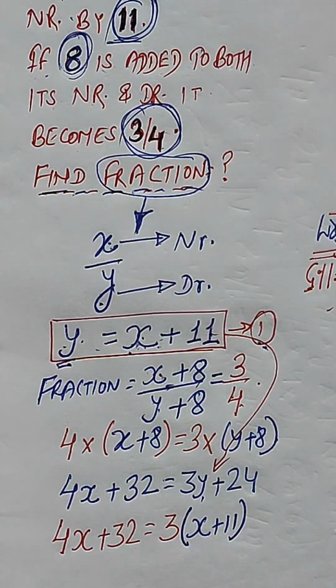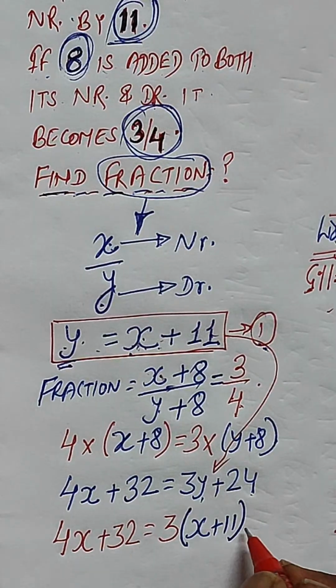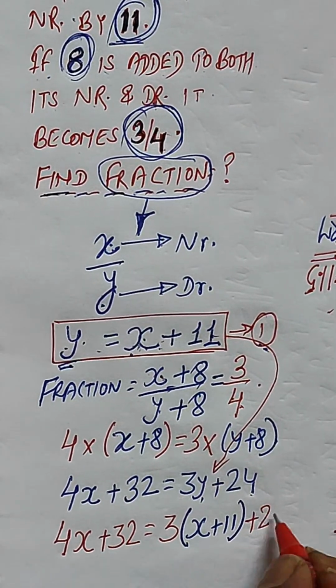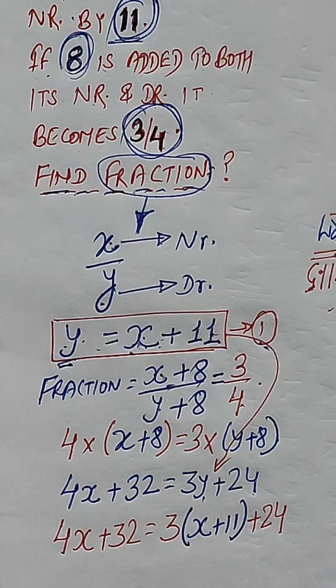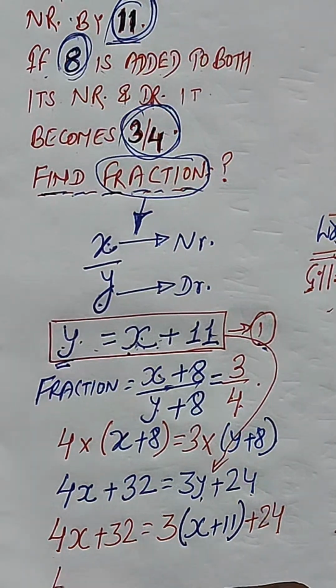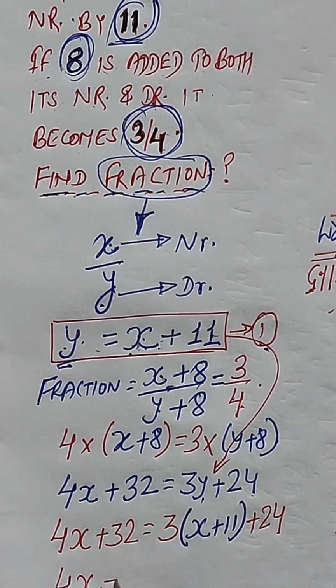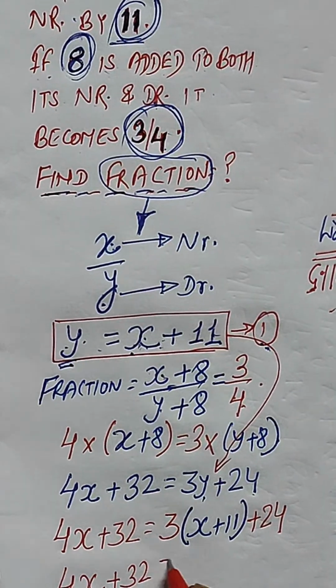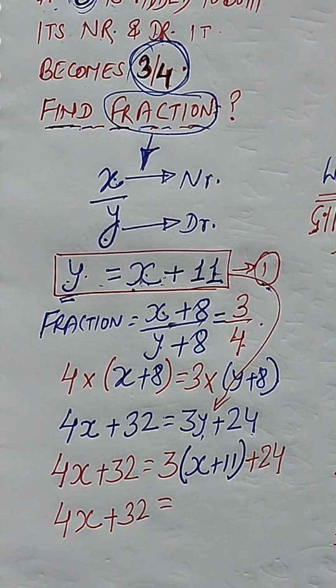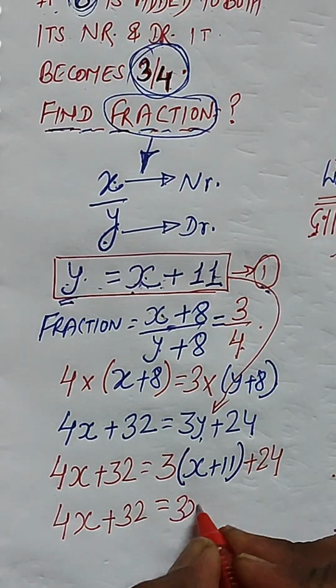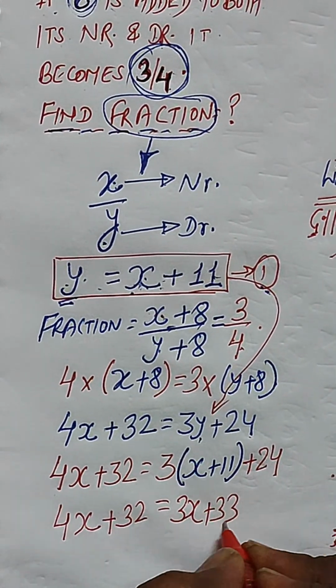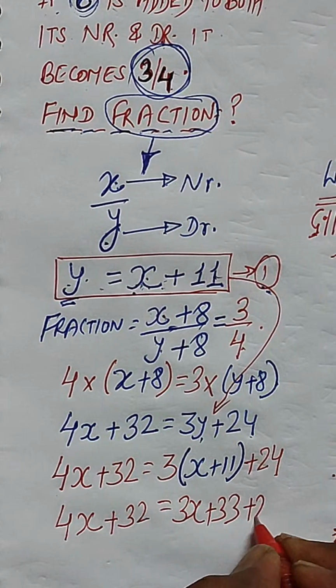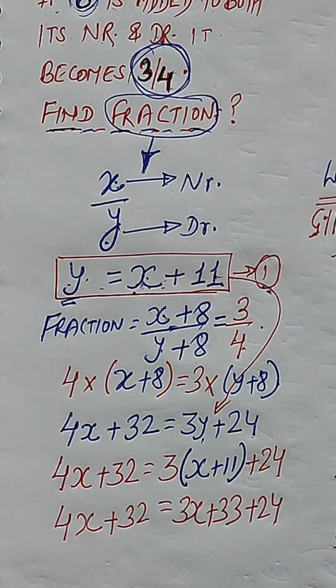I'm just changing the color of the pen so that it will be easily readable and visible to you. So this will give you 4x plus 32 is equal to 3x plus 33 plus 24, isn't it?